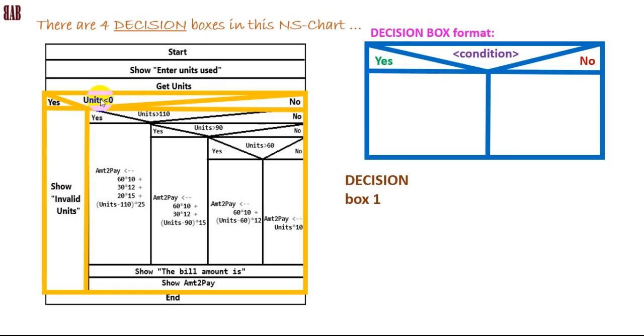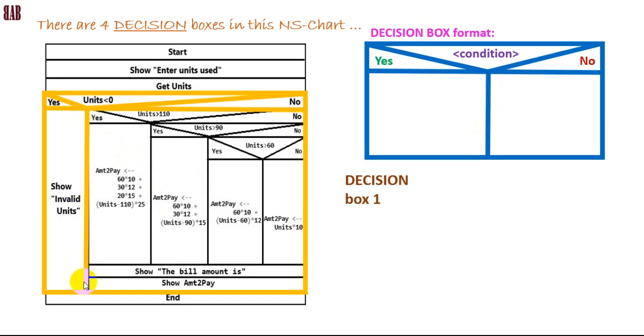The condition we have written is units less than 0. That's where the condition has to come. Then you have a yes side and a no side. In this case, this will be the yes side and this will be the no side, and there is a separator here in the middle.